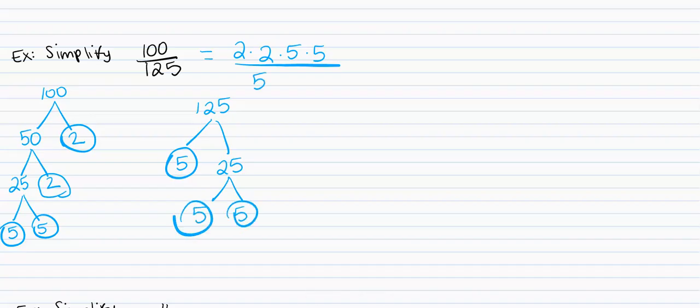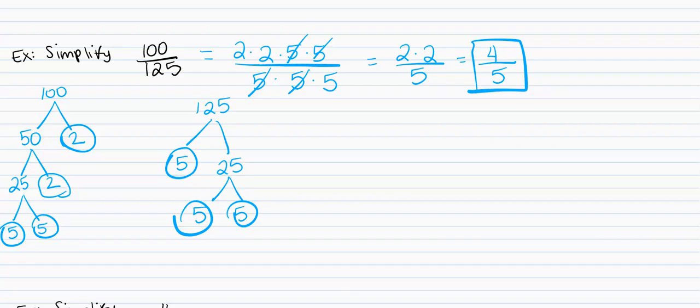So my denominator can be written as 5 times 5 times 5. Again, I have 5s in the numerator and denominator, which I can cancel out. But I also have another 5 in common, and I'm left with just 2 times 2 in the numerator and 5 in my denominator. 2 times 2 gives me 4, and 5 is just left alone.